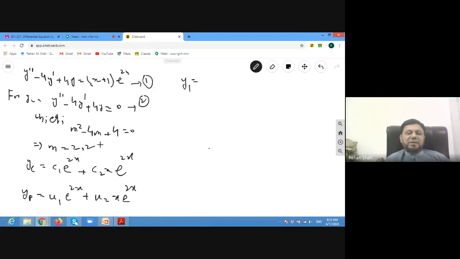As we found yc, the coefficient of c1 is y1, so y1 is e power 2x. What is your y2? It is x e power 2x. Is that clear?